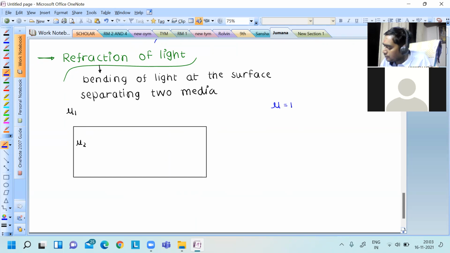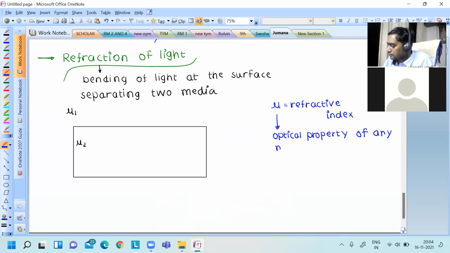So this mu is called the refractive index. It's an optical property of any medium.